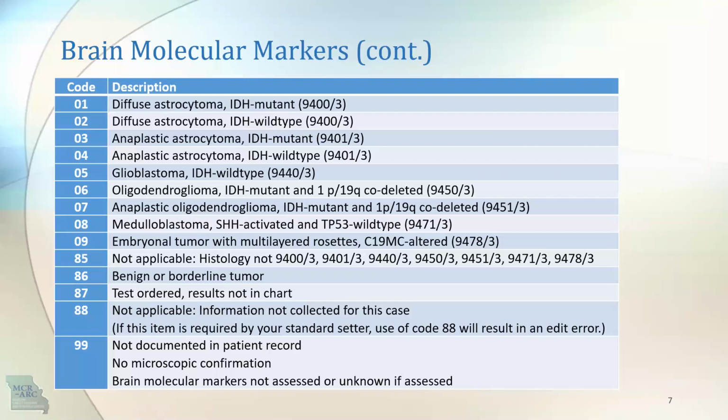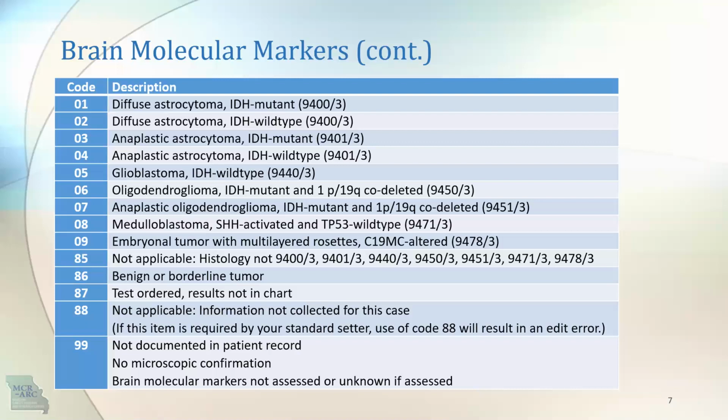Examples: biopsy of a brain tumor, microscopic confirmation diagnosis, diffuse astrocytoma 9400/3, additional testing done, and IDH mutant is identified, code 01. Diffuse astrocytoma IDH mutant 9400/3.